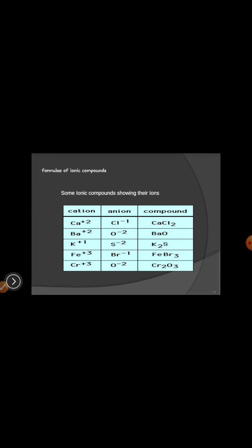Barium is 1, oxygen is 1. But the charges are plus 2 on barium and minus 2 on oxygen. So in this way, from ionic compounds, we can understand the types of atoms, their numbers, and the charges present on these ions, which make up the ionic compounds.